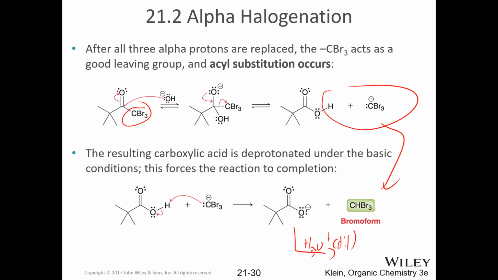Because this is basic enough to take the hydrogen off of here, what they're showing in this mechanism down here. This is resonance stabilized, so it's not getting protonated without a real acid being put in place. So that's the second step, the final step. Essentially, this would be done probably in a separatory funnel just to isolate things. It's not really a step in terms of having to set anything up, but you dump in acid at the end to actually take care of the rest of the mechanism.